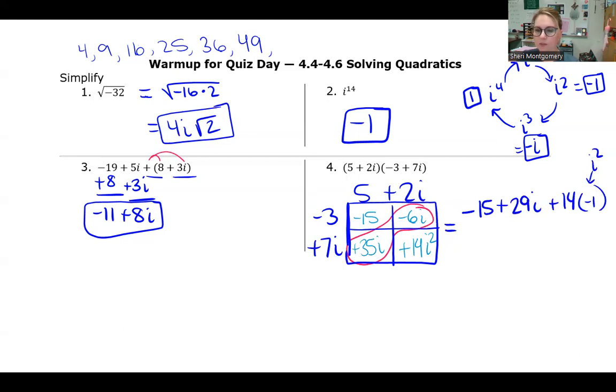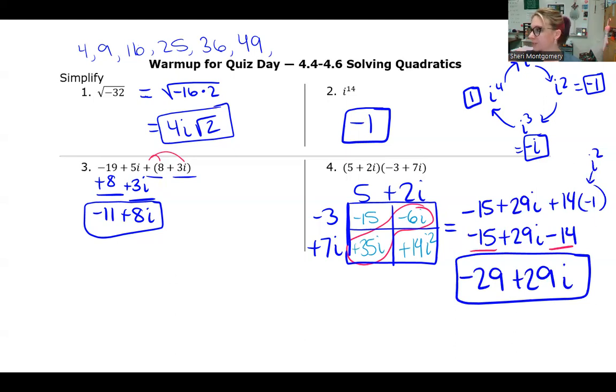So I end up with -15 + 29i, and then 14 times -1 is -14. Well, these are like terms, so let's put them together. What's -14 and -15 put together? -29 + 29i. So standard form is that you write the constant first and then the i second when you're writing complex numbers.